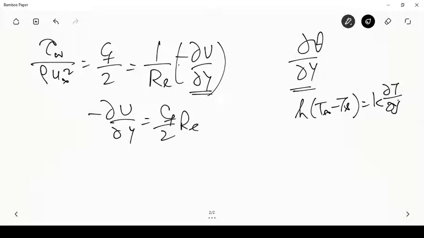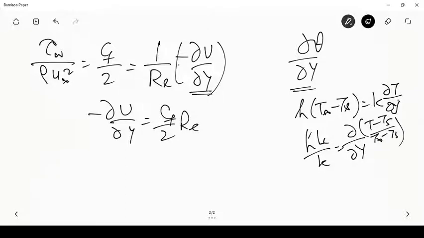Okay, so if I do it in the non-dimensional form with a minus, and rewrite this, then I get h into LC by k is equal to del by del capital Y of (t minus Ts) by (t infinity minus Ts). There is a minus sign that's missing somewhere. It's a minus sign here. Okay, so this becomes equal to negative del theta by del y, and that is equal to the Nusselt number.